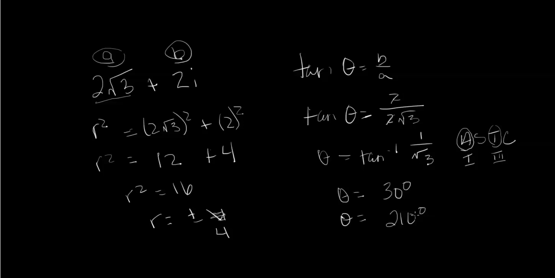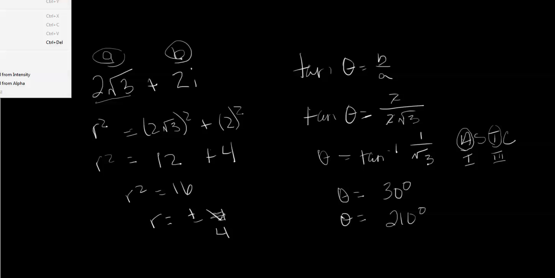So let's just keep that in mind for a second and start over with a fresh screen. So I said that theta was equal to 30 and 210 degrees. Following the pattern of my trig form, which said r times cosine theta plus i sine theta.